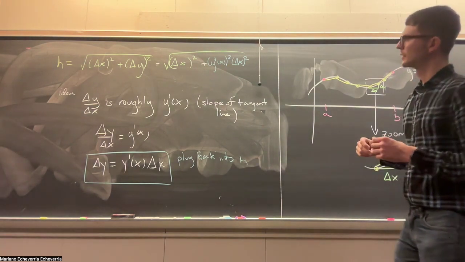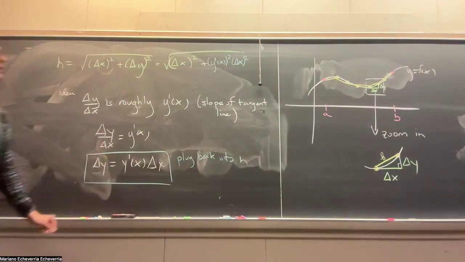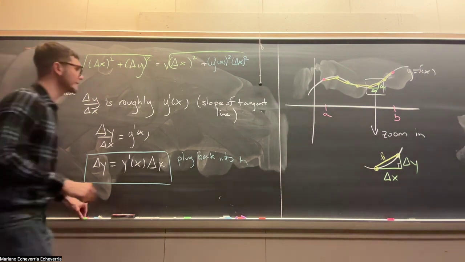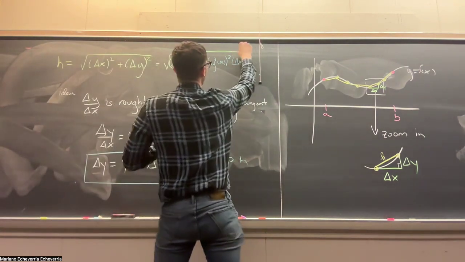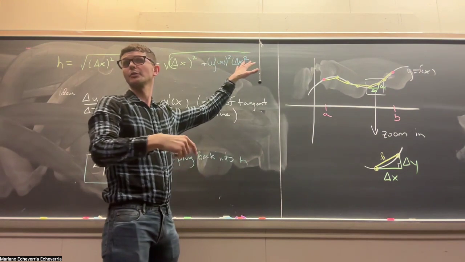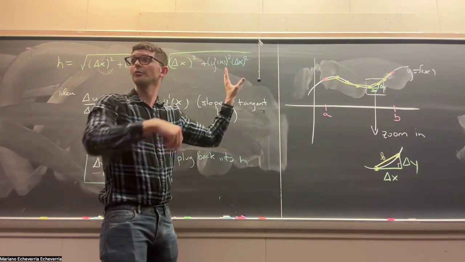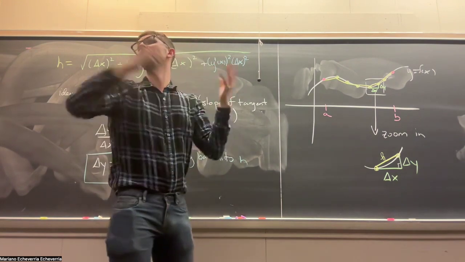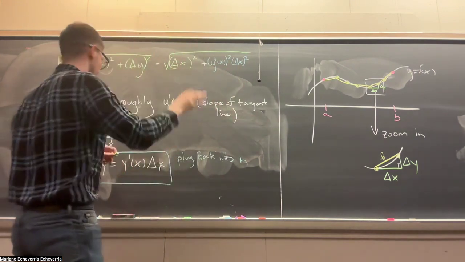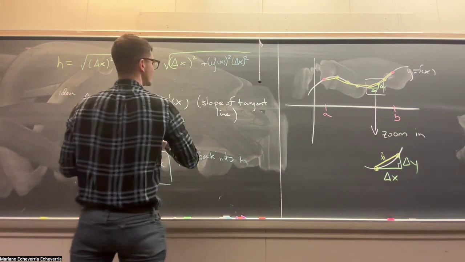And then what can you notice here? That both terms have delta x squared inside the square root, right? So you can factor out the delta x squared, and then it comes out of the square root just as delta x. There's some convenient factorization.